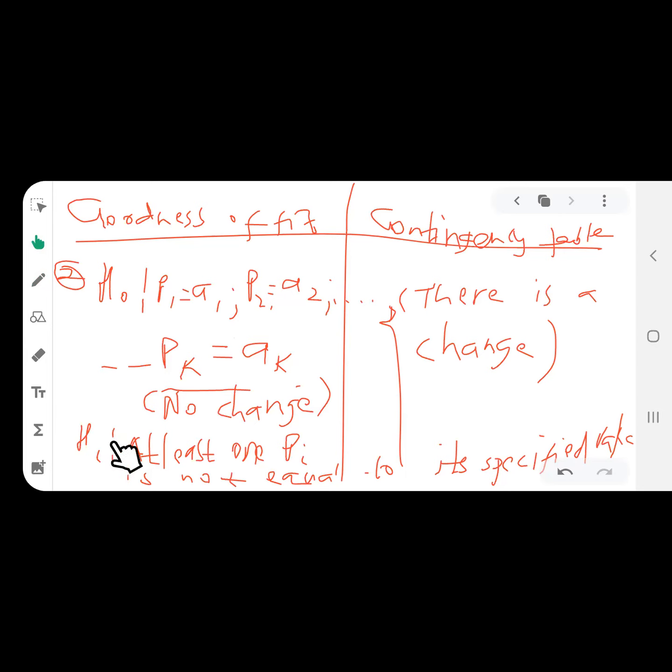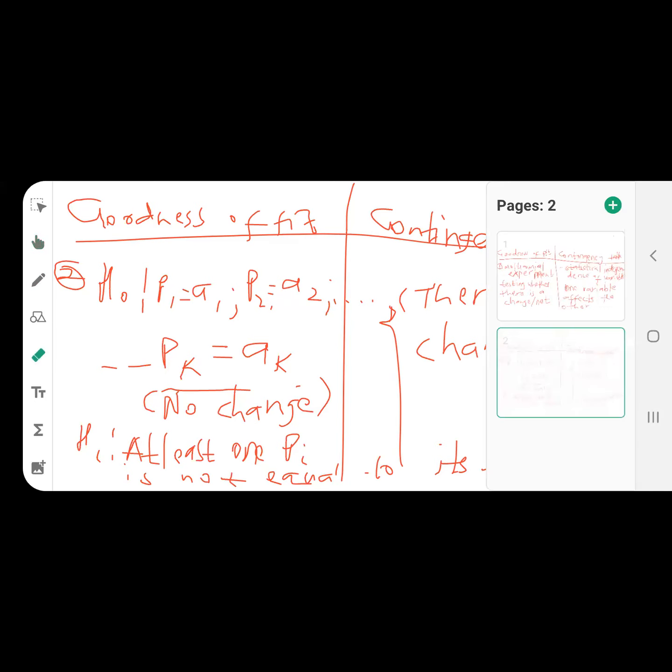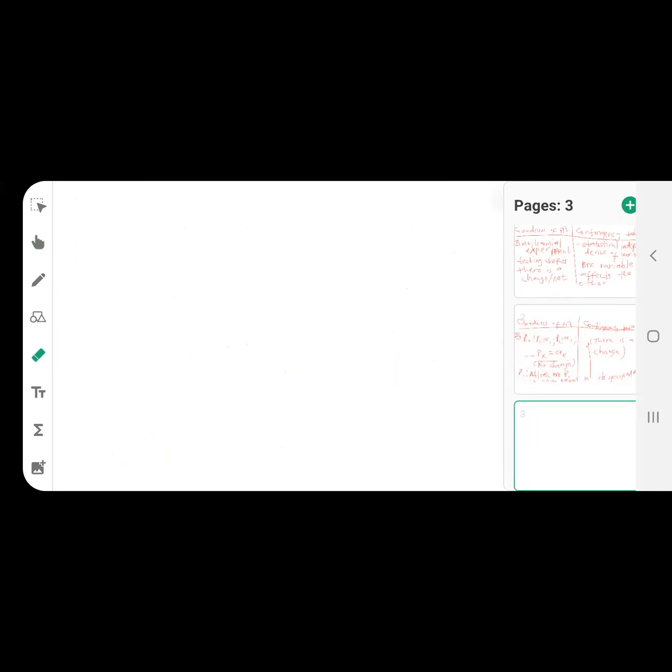Okay. When it comes to H1 here, how did they arrive at saying at least one proportion, meaning that at least one of these is not equal to its specified value? So can I please go to another page? Yeah, this way of doing things is really challenging. What they mean by at least, remember at least means greater than or equal to, meaning that one or more P is not equal to its specified value.